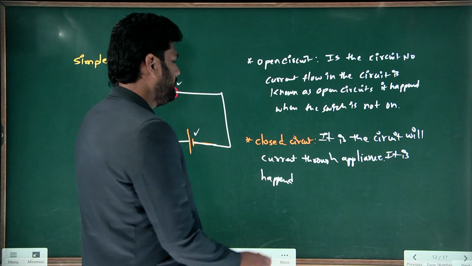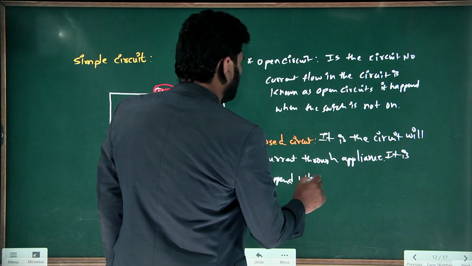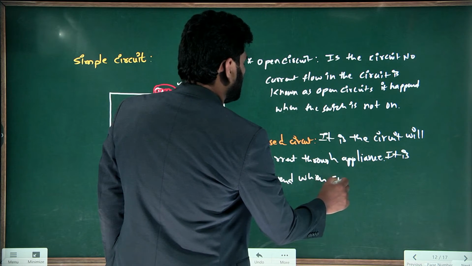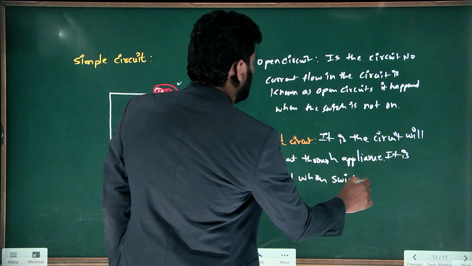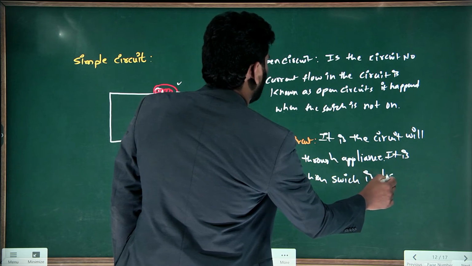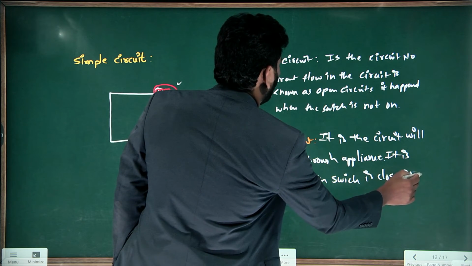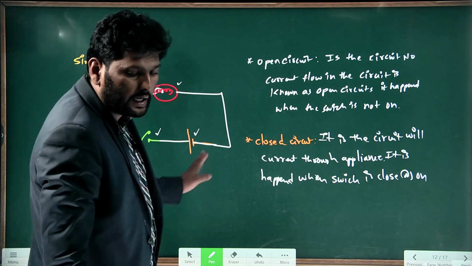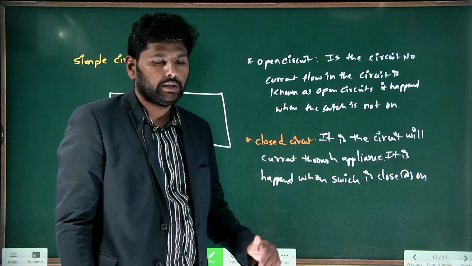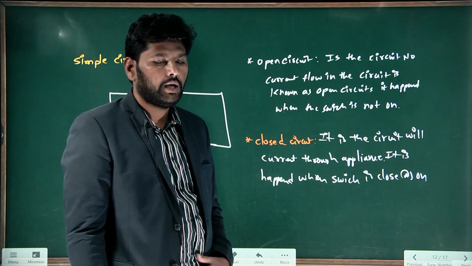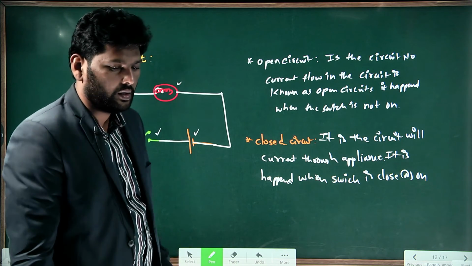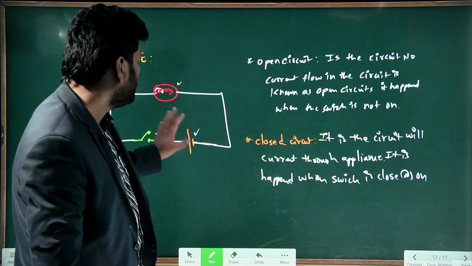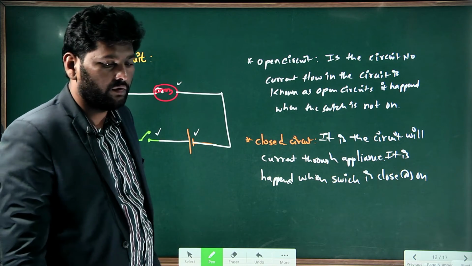It happens when the switch is closed, or on. When the switch is on, we can observe current in the appliances, and that circuit is known as a closed circuit. Closed circuit or open circuit can be shown in symbol form.